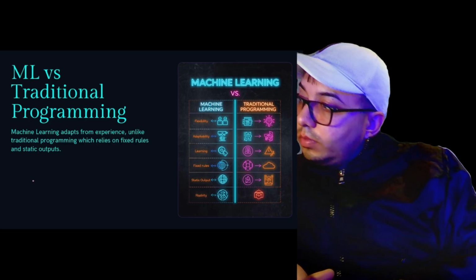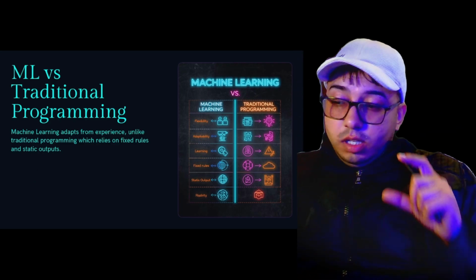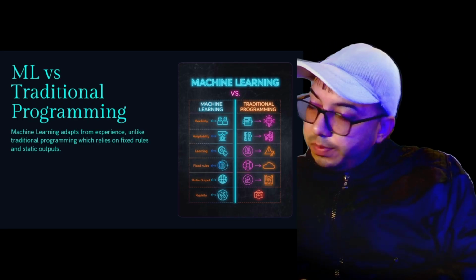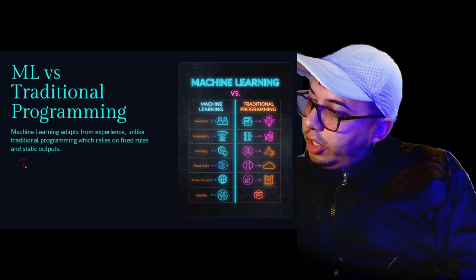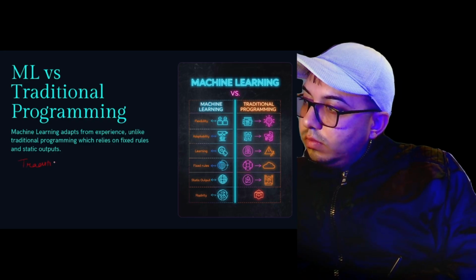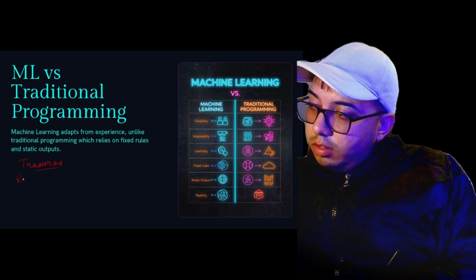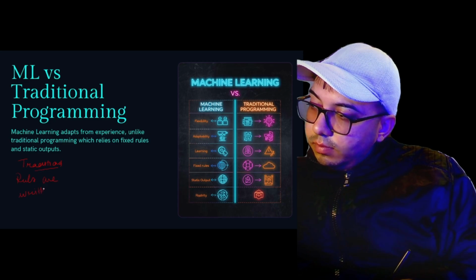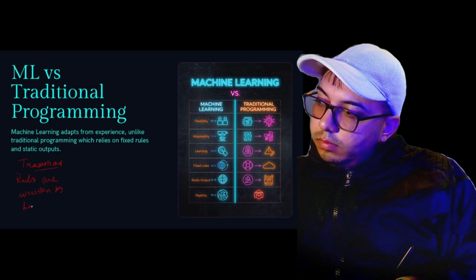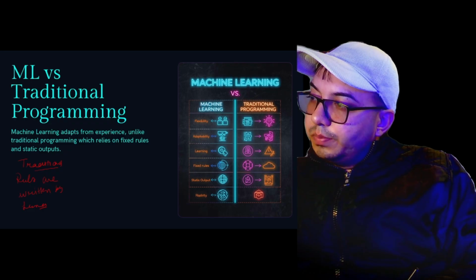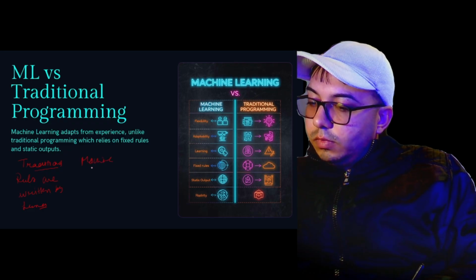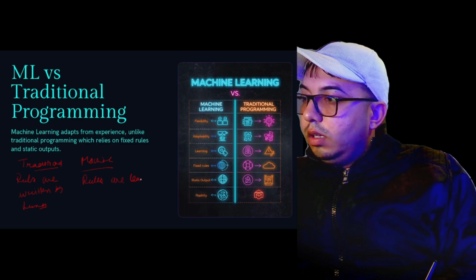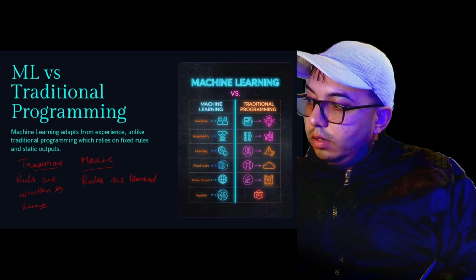Okay, so the main difference between traditional programming and machine learning, let's see. In traditional programming, rules are written by humans, but in machine learning, rules are learned from data.